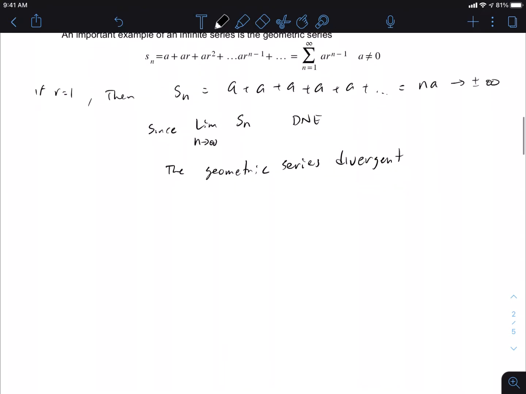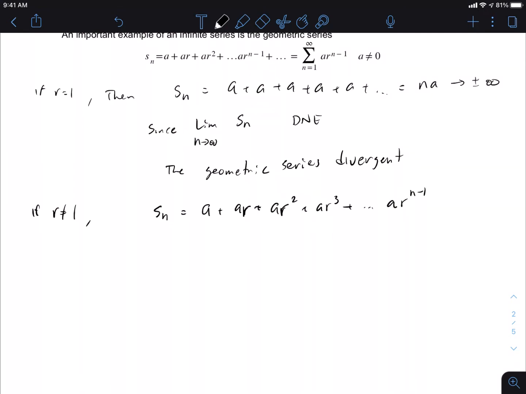Okay, now the other case, if r isn't 1, meaning it could be something bigger than 1, because the in-between case has been talked about in the past. I'm going to show you how to show this one. So S sub n is equal to A plus Ar plus Ar squared plus Ar cubed, all the way to Ar to the n minus 1, right?